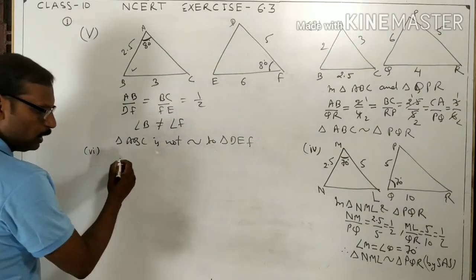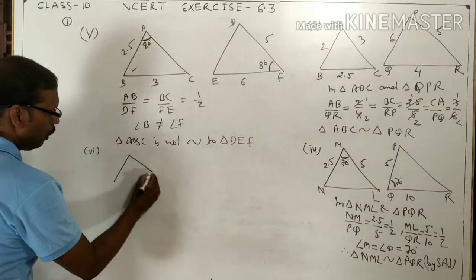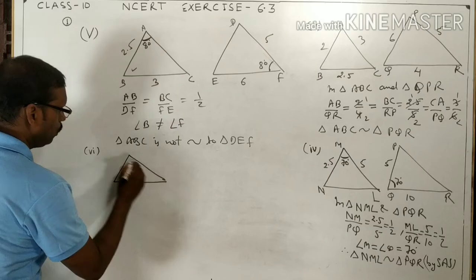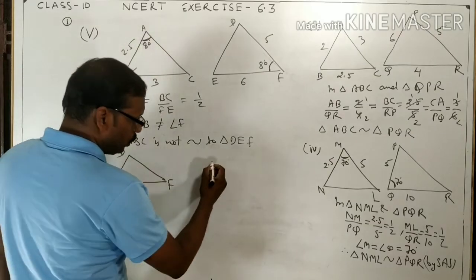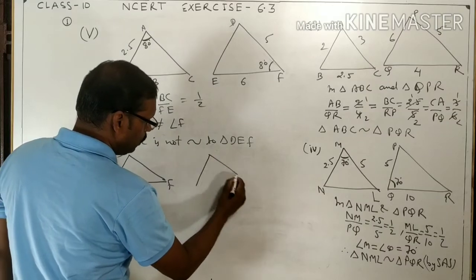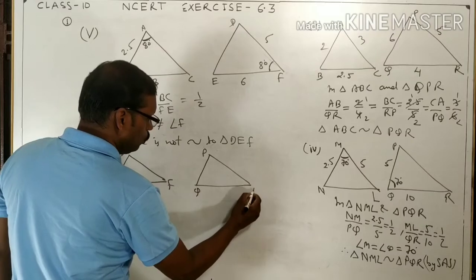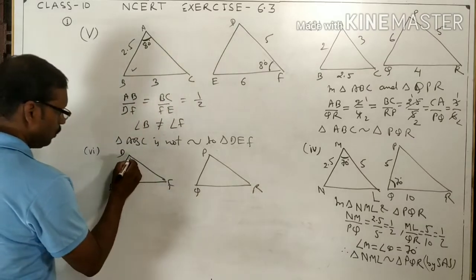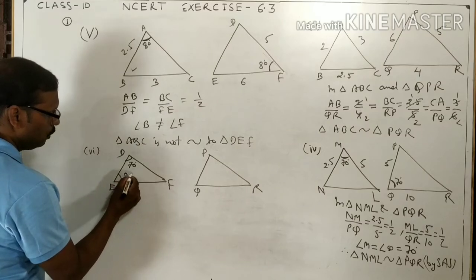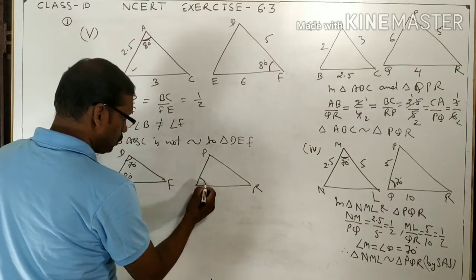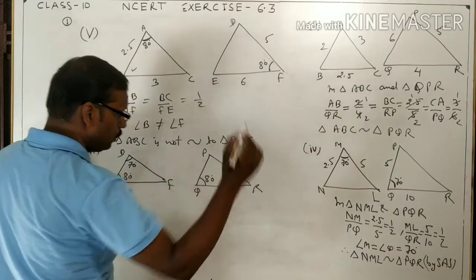And the last one, question number 6. Given triangles DEF and PQR. This is 70 degrees, this is 80 degrees, this is 80 degrees, and this is 30 degrees.